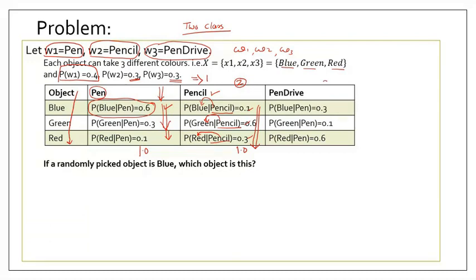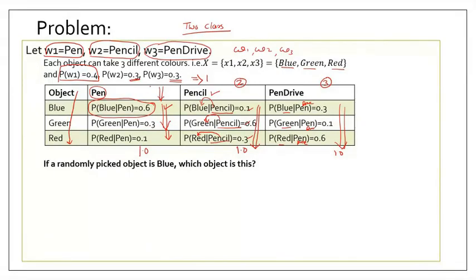Now when I talk about the third column, it is talking about pen drive. So here I am talking about pen drives. The probability that it will be blue is 0.3, green is 0.1, and red is 0.6. Again, the sum must be 1.